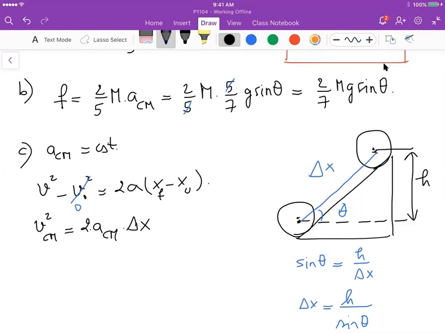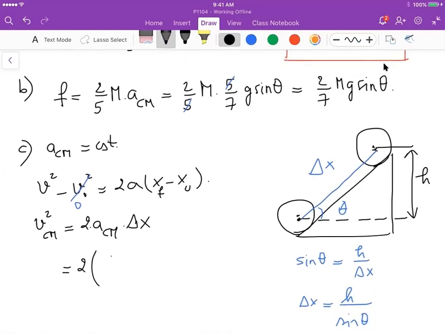And so now all we need to do is put everything with its value. So it's 2 multiplied by a center of mass, which is given by 5/7 times g sine theta, multiplied by delta x, which is equal to h divided by sine theta.